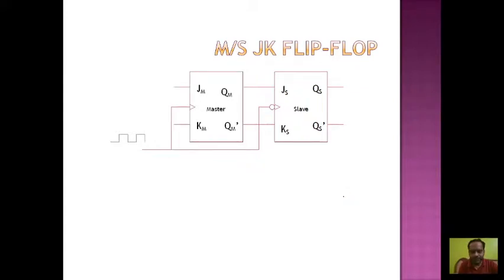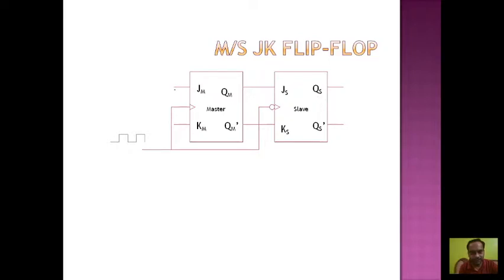So if we consider the pair of master and slave flip-flop as a whole, the input will start at the positive edge of the clock cycle, because this is the positive edge triggered master flip-flop, and intermediary output will be produced at that edge. But the slave will hold the output until the negative edge of the same clock cycle.